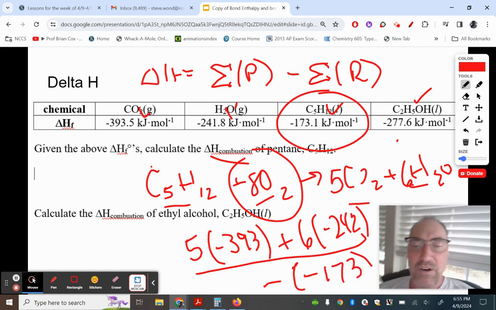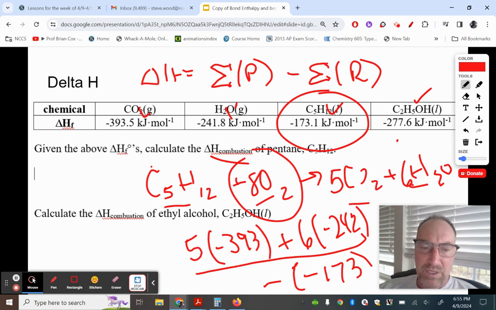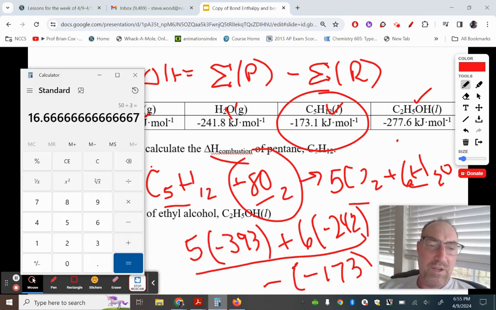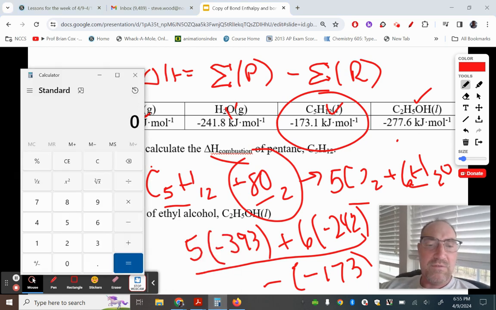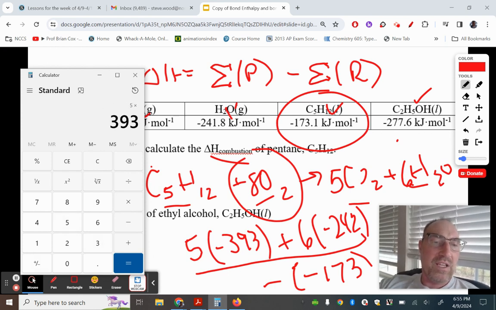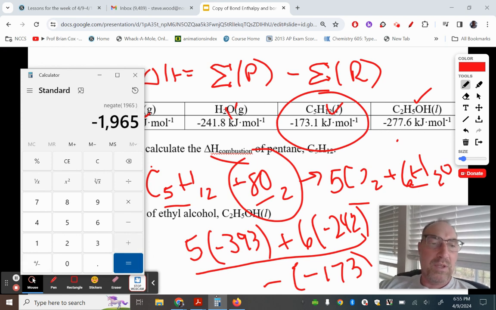So then we bust our calculator out. Oh, there we are. We're going to clear this out, and we're going to do 5 times a negative 393. It equals, make it negative, all right, plus 6 times, I think I did the order of operations wrong.